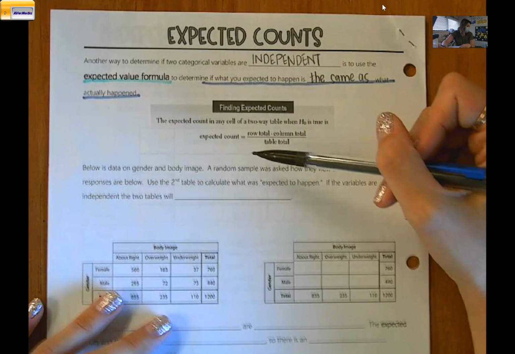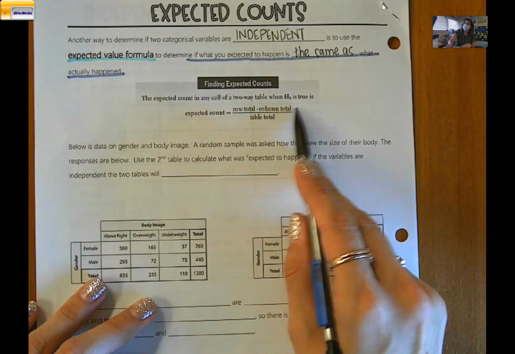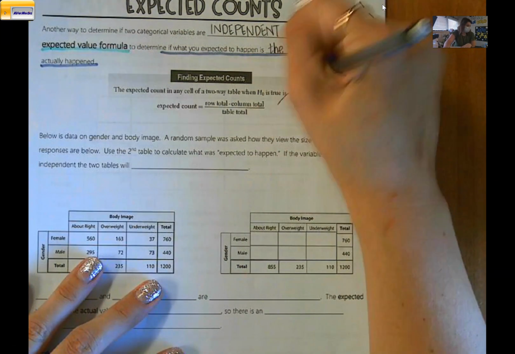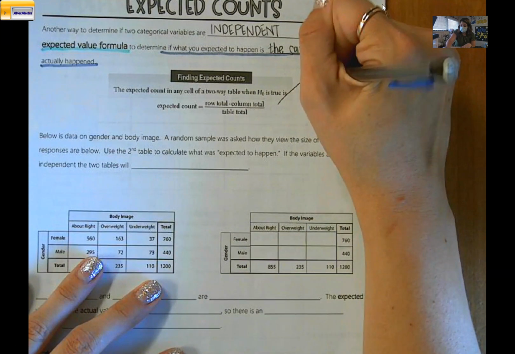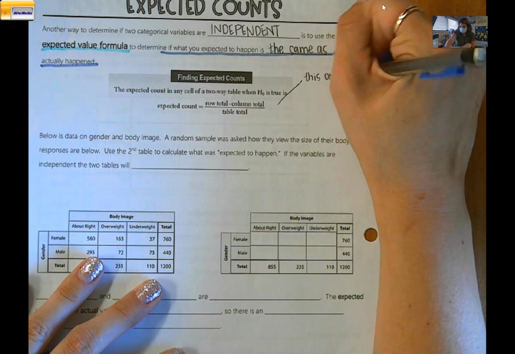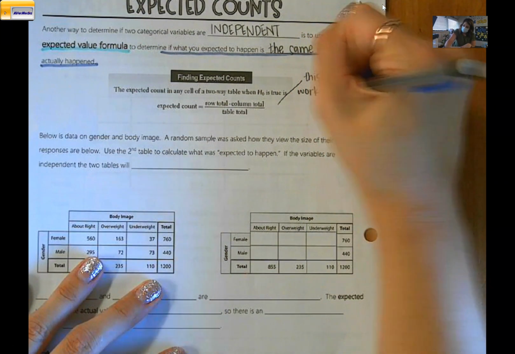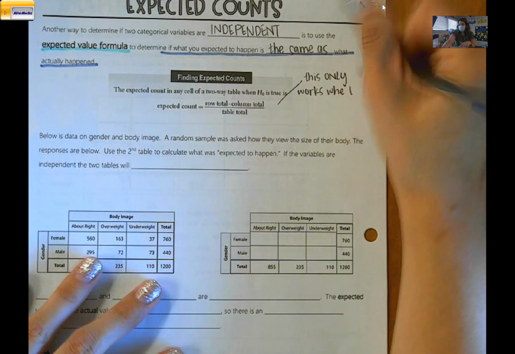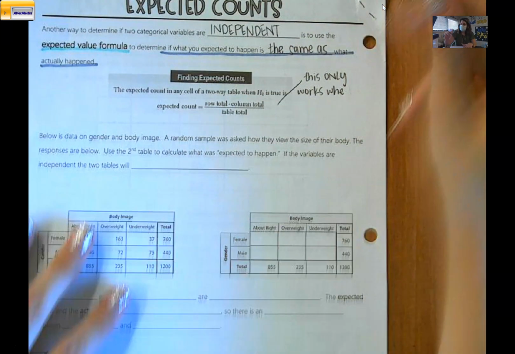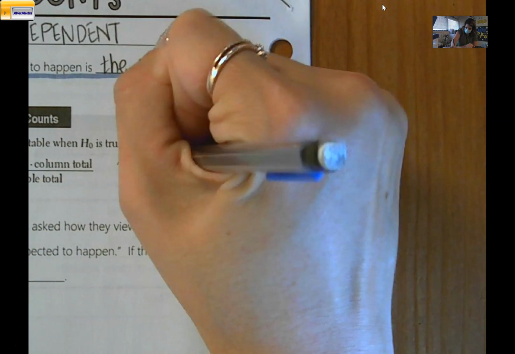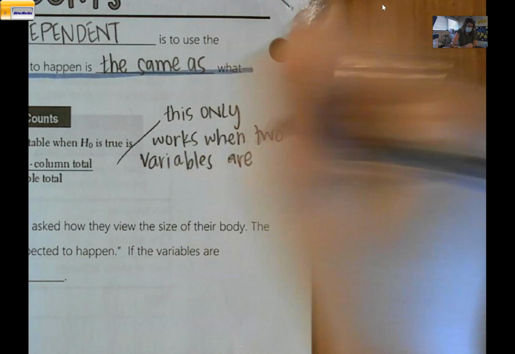So this is your formula right here. You can ignore this top sentence. You don't have to know it right now. But I'm going to write a little note that says this only works when two variables are independent.